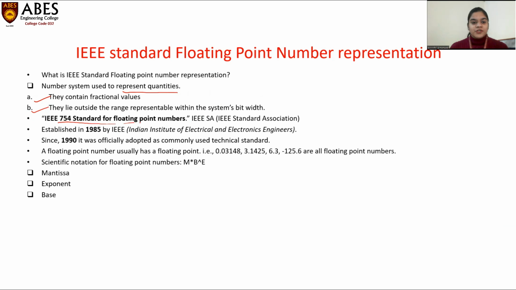The IEEE 754 standard of floating point number representation has been designed by the IEEE Standards Association. This association continuously works on designing various standards for representing different quantities, and one of those is the 754 standard, which is used in all different computer systems and various organizations for various calculations.